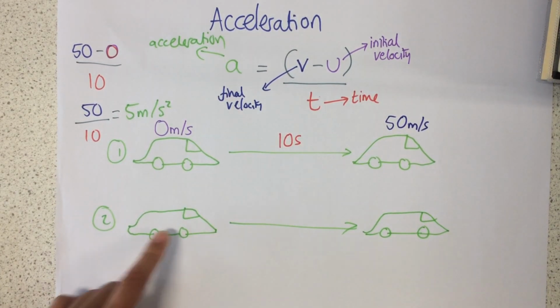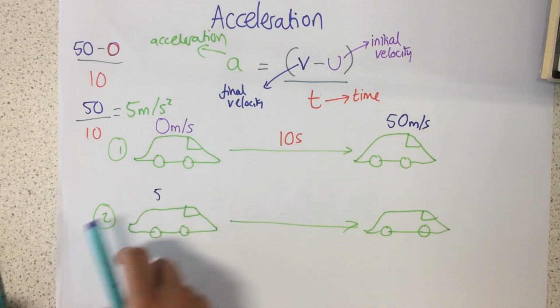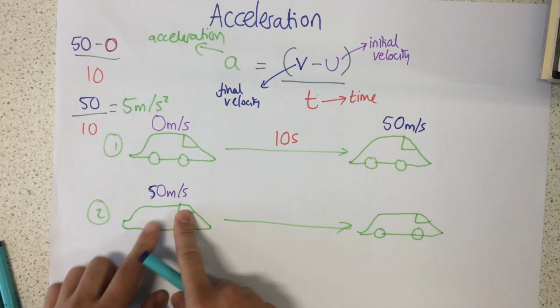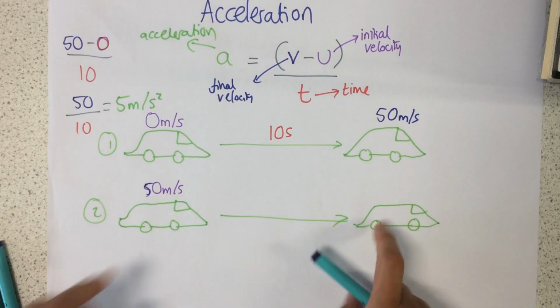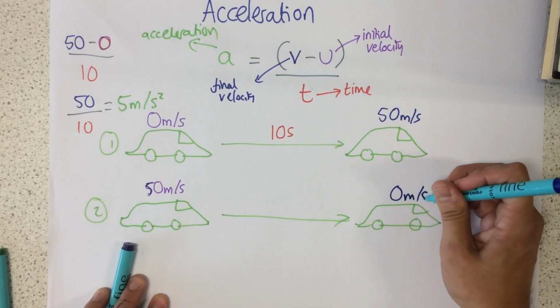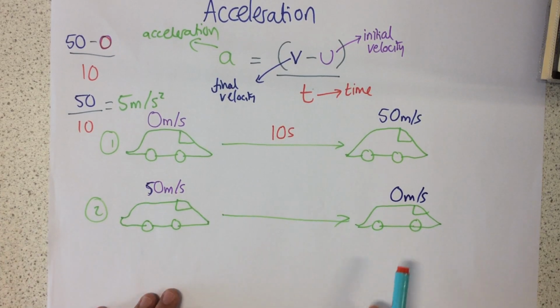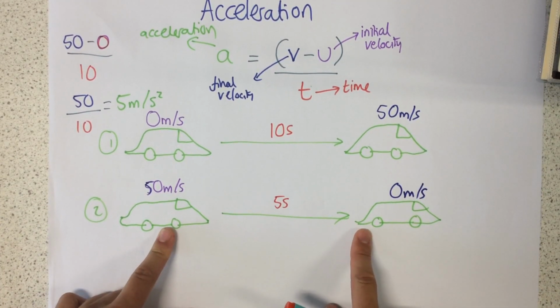This time we've got this car that starts off travelling at 50 meters per second. And then it slams on the brakes and slows down to being completely stationary. So let's say this time it takes 5 seconds to do that because it was slamming on the brakes.